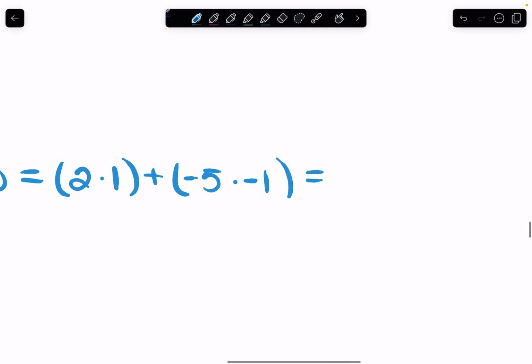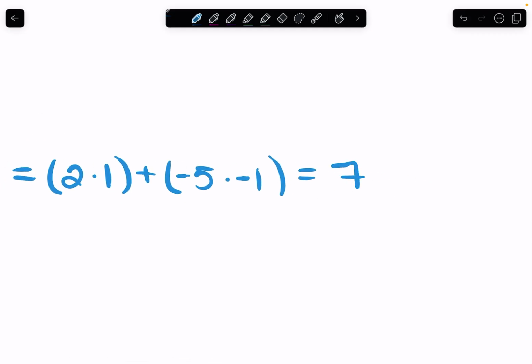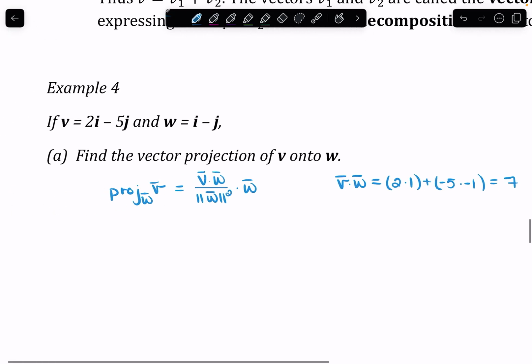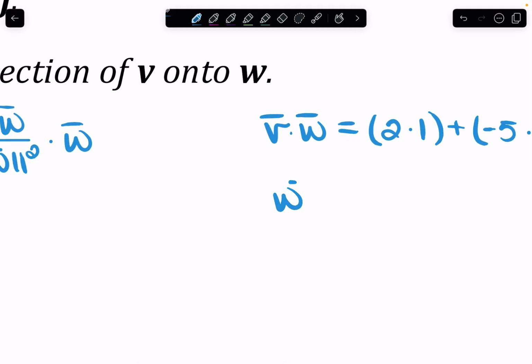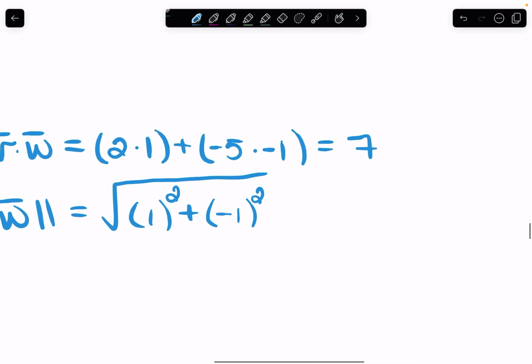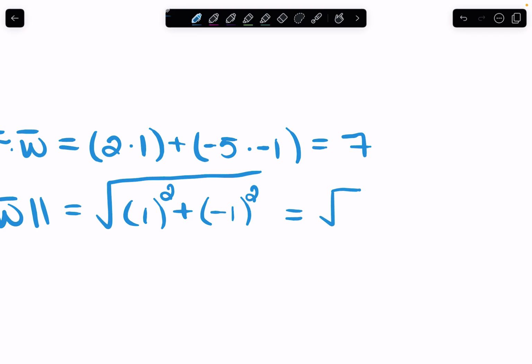That's going to give us 2 plus 5, 7. Then I need the magnitude of W, and then I'll square it later. So magnitude of W: i component squared, 1, plus j component squared, negative 1, square rooted, so 1 plus 1, square root of 2.